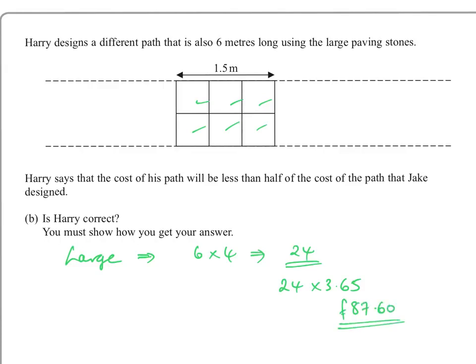£87.60. And Harry says that the cost of this path will be less than half of the cost of the path that Jake designed. Well, Jake's was £135.80. So if we divide that by 2, we'll get £67.90 for half, and we've got to compare that to £87.60.